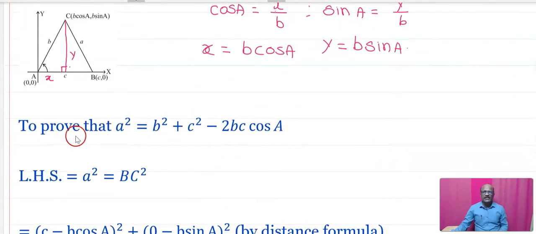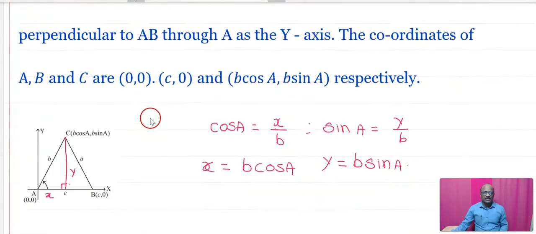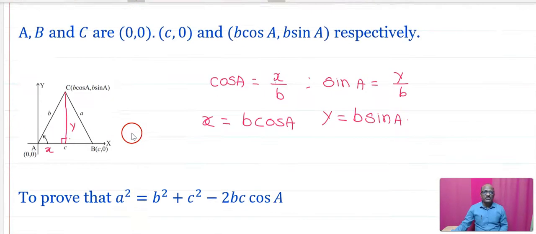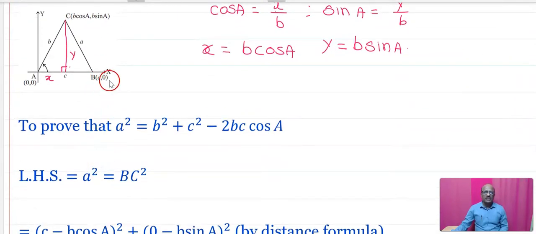Now to prove that a square is equal to b square plus c square minus 2bc cos A. First the LHS, that is a square. a square is equal to BC square. The coordinates of B are (c, 0) and the coordinates of C are (b cos A, b sin A).